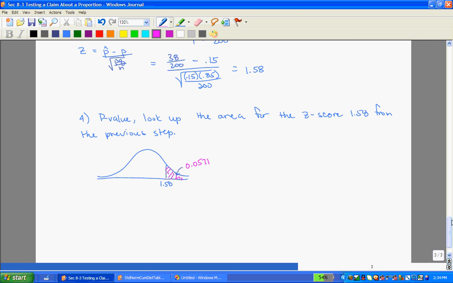Now here, I'm going to show you both methods side by side. Even though we're doing the p-value method, I want to show you how we'll get the same results. What we're supposed to do here in step 5 is compare the p-value to alpha. And if it's smaller than alpha, then we reject the null hypothesis.